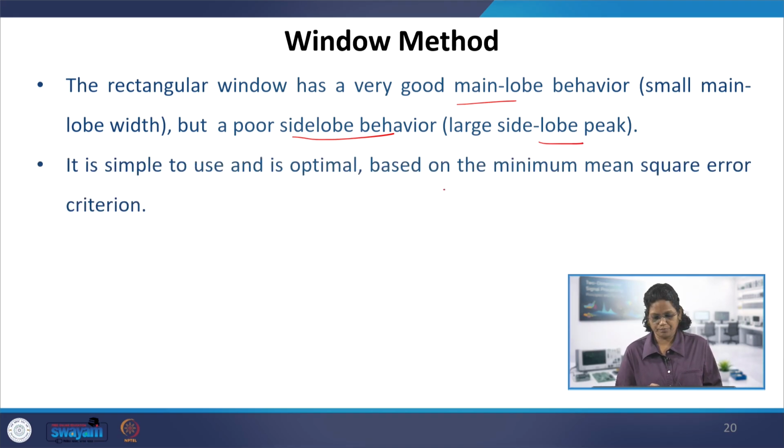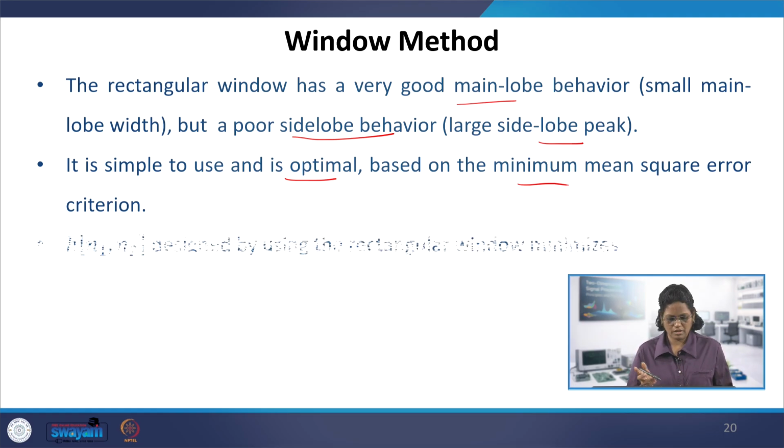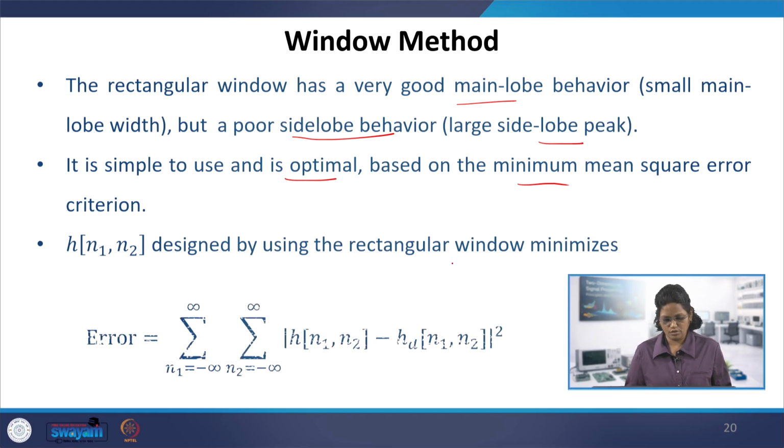Now how does the rectangular window help in the design? This rectangular window is optimal, and it gives the minimum mean square error criterion. So what is the desired one and what is the actual frequency response? What is the h of n1, n2 required, the filter coefficients for the rectangular window, and how is this error getting minimized?